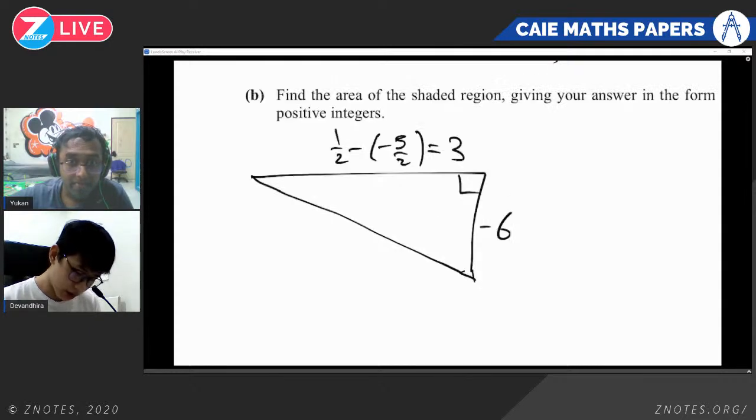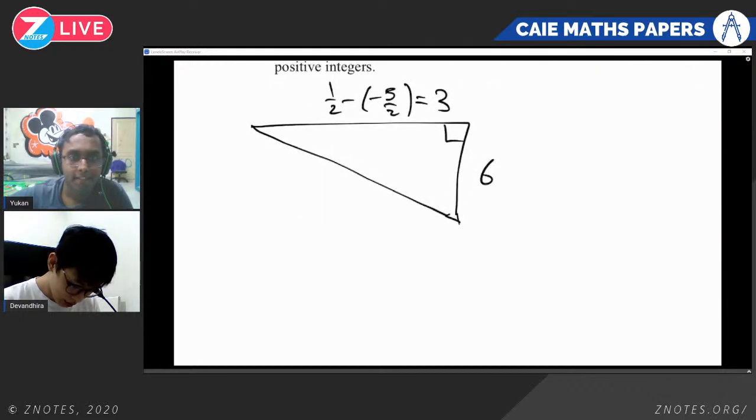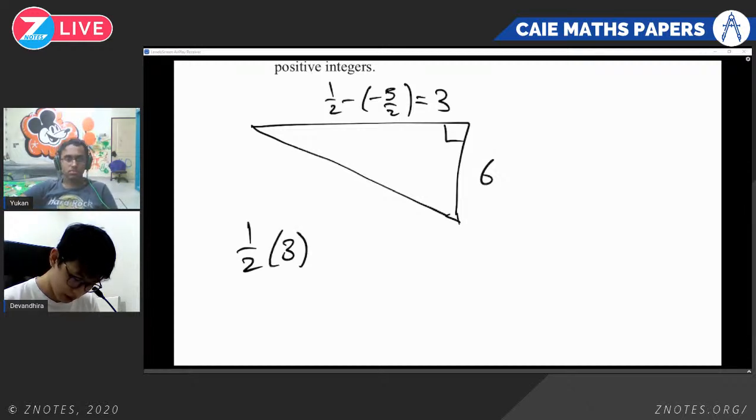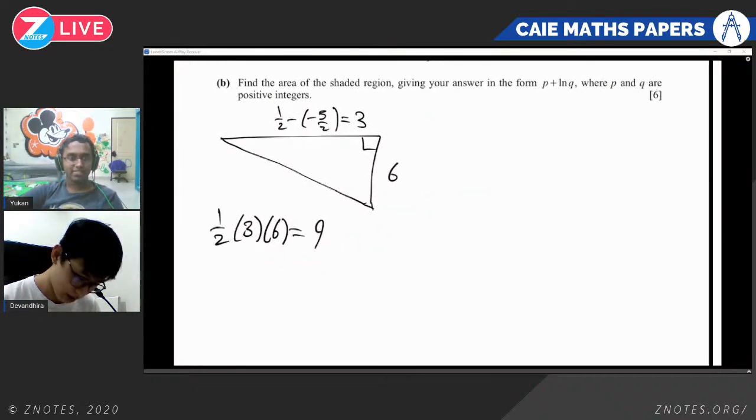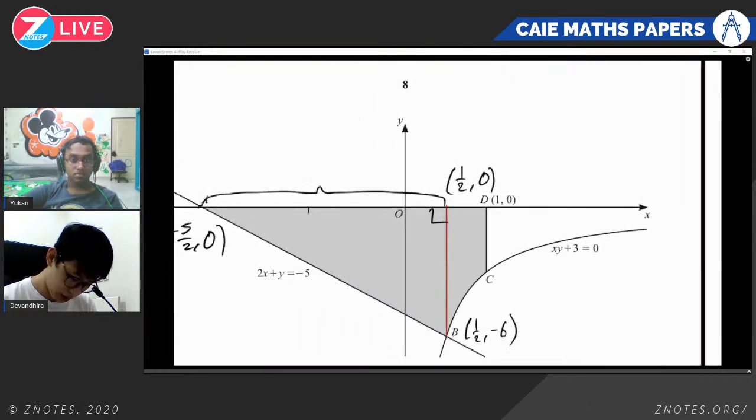But because we just want to find the area, we don't care about the negative here. So I'll just delete that negative. Let's use the triangle formula again. The area of the triangle is half times 3 times 6, which is 9. So we found our first part already: this part right here is 9.